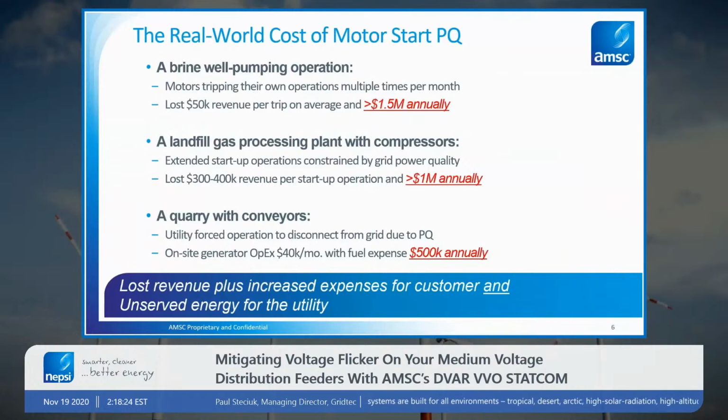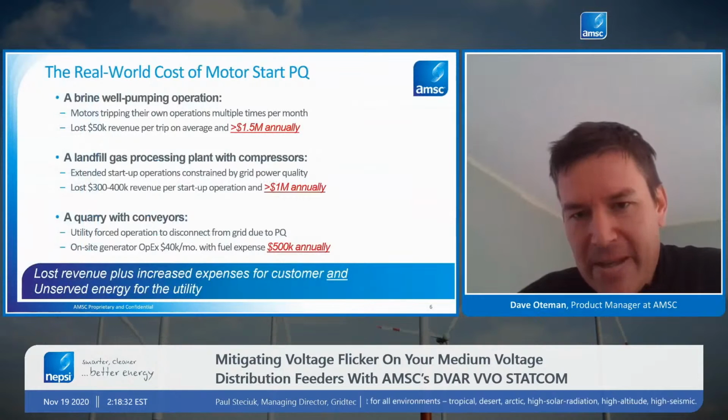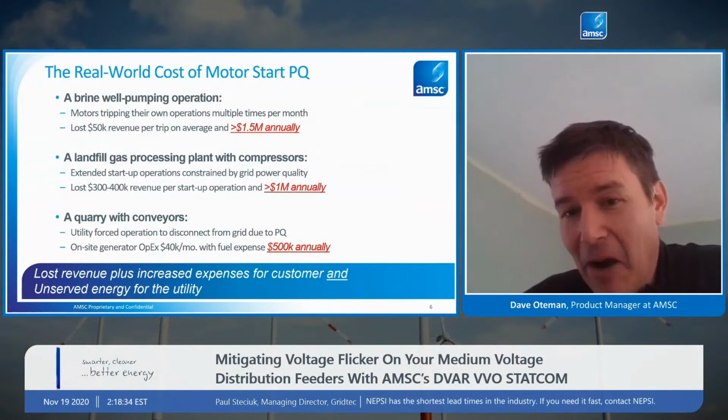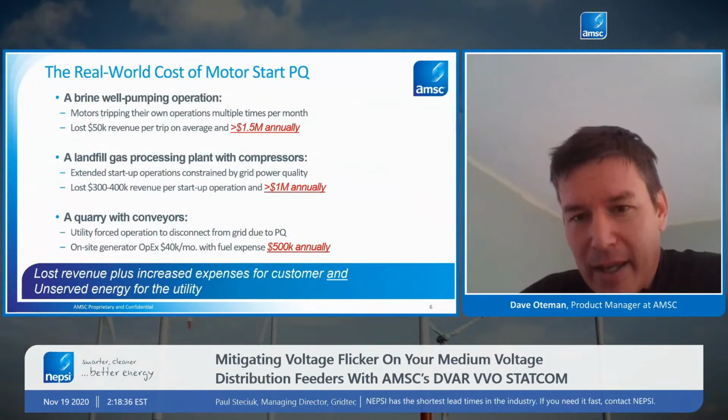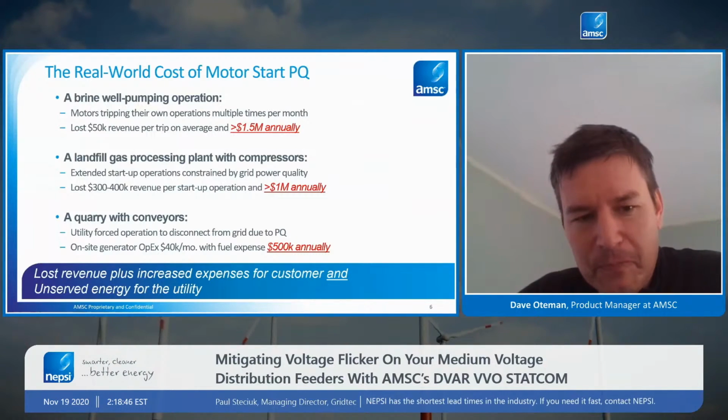To deal with that, they had to spread out their sequence over about 6 to 7 hours, and so they lost 6 to 7 hours of productivity. By simply solving that inrush problem, they were able to get that plant up and running in about a half hour, saving a substantial amount of lost revenue.